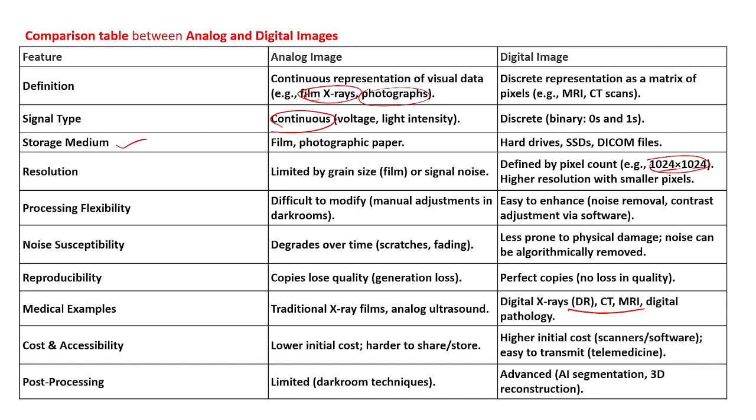So the initial cost is higher, but after initiation the cost is very low and very flexible to use. Post processing: there are limitations in analog images, but the digital image is very flexible and advanced, with AI segmentation and now 3D reconstruction methods. So post processing is good in digital image processing.